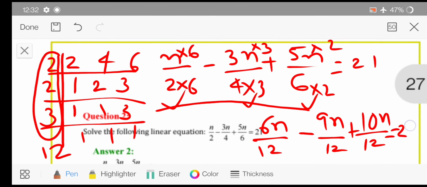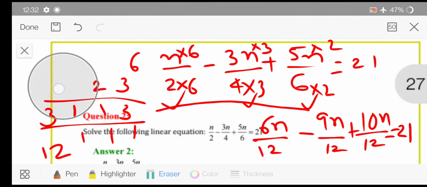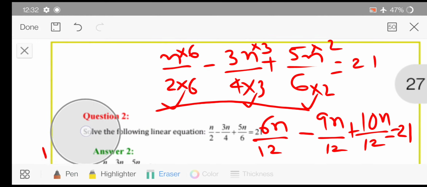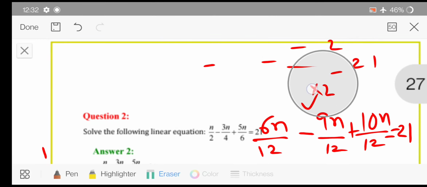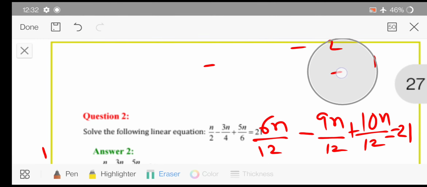is equal to 21. So now I have converted all of them into like fractions and now I can solve it. Okay, so what will we do? We will only add or subtract the numerators; we do not have to add or subtract the denominators.